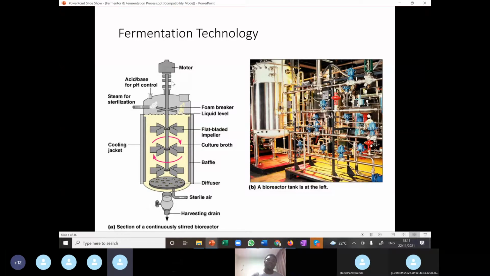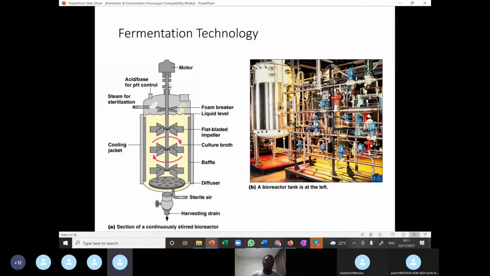So let's start by understanding the schematic diagram. At the very top of the fermenter, right top here, we are going to see what we call a motor. A motor is to ensure rotation, and to the motor is attached a foam breaker, which, when the motor rotates, breaks foam that is forming at the top of this fermenter. Secondly, attached is also a flat-bladed impeller. This flat-bladed impeller is used for stirring.